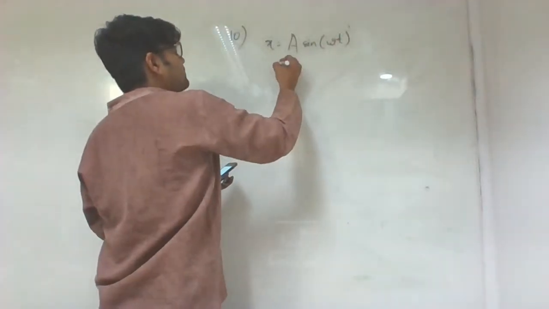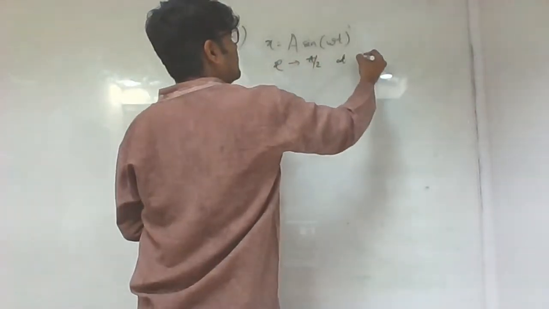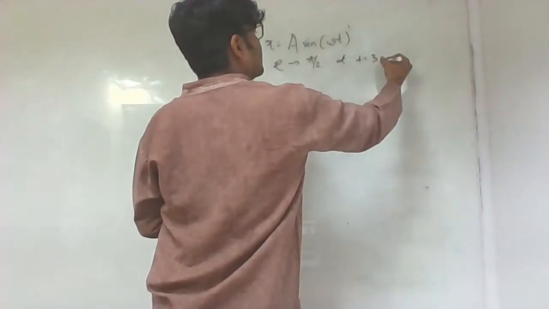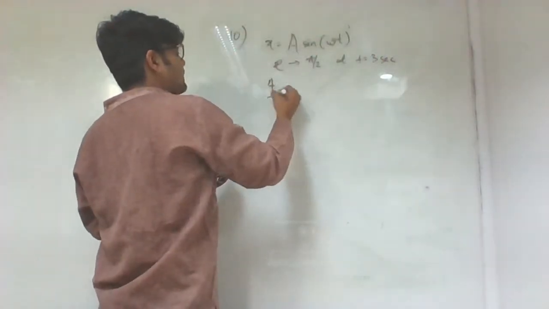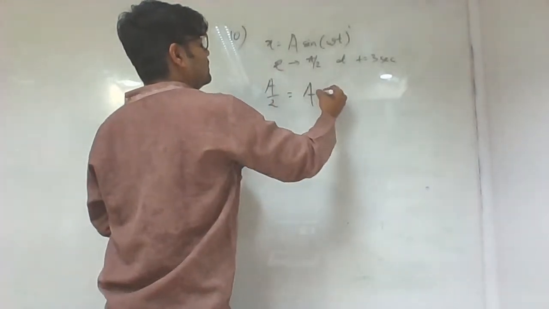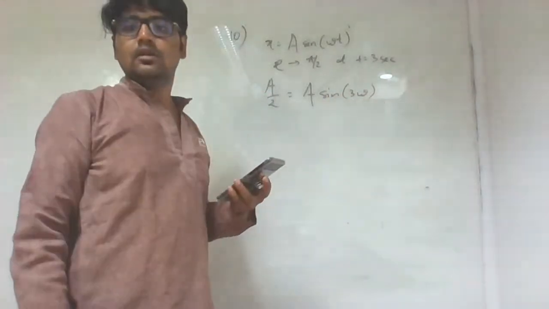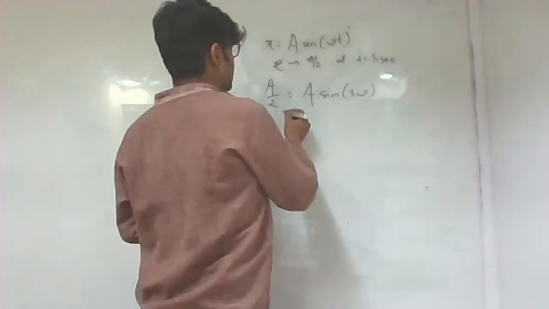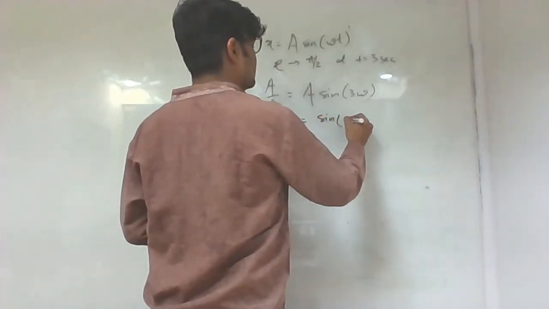So x becomes a by 2 at t equal to 3 seconds. We have to find the time period. So a by 2 is the amplitude times sin 3 omega. Okay, so 1 by 2 is sin 3 omega.